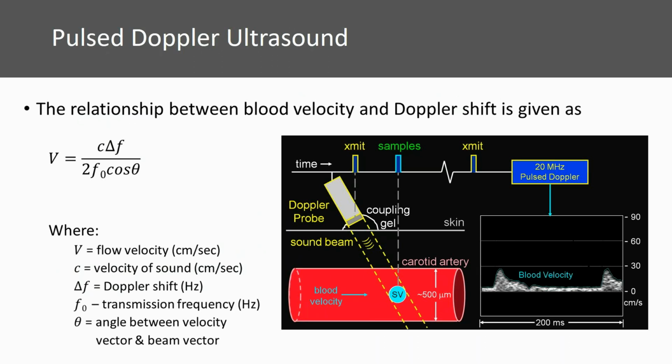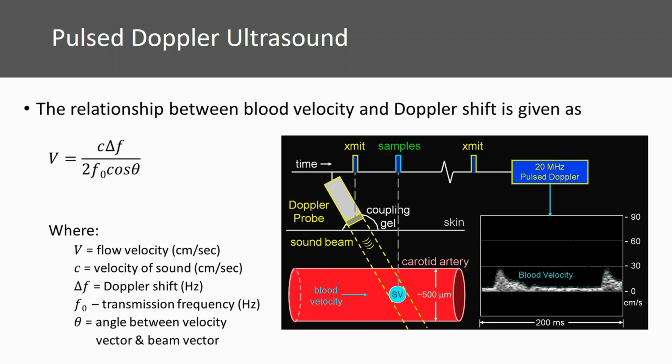When calculating the velocity of the blood moving, we must take into account the angle between the Doppler probe and the blood moving through the blood vessel. This is theta in the equation that you see here. As you can see, the equation does include cosine theta. Thus, the angle is quite important when we're calculating the velocity.